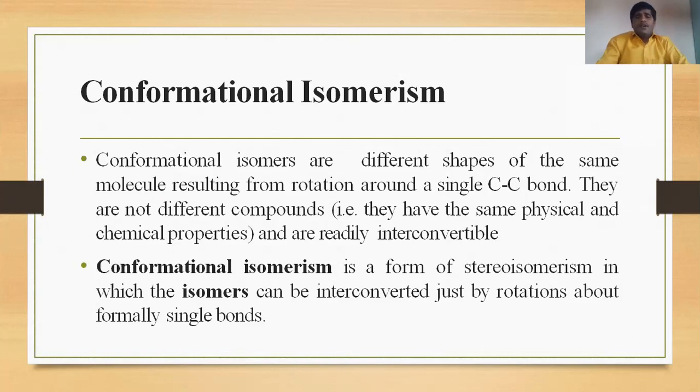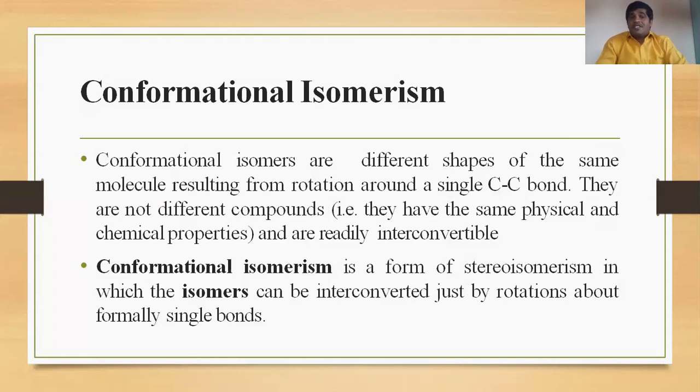Then we'll discuss conformational isomerism. It is a form of stereoisomerism. No doubt we are studying stereoisomers. Stereoisomerism means the spatial arrangement, where the atoms or groups are arranged in space, in which isomers can be interconverted by rotation about the single bond.